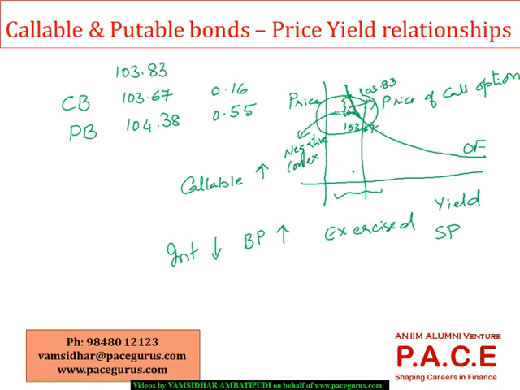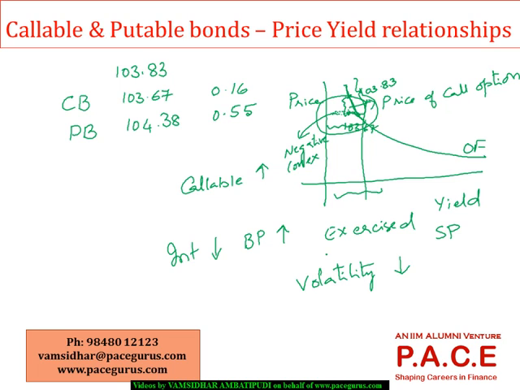And because the fluctuation is only at this layer, even the volatility of the bond price will come down, especially in the case of a callable bond.